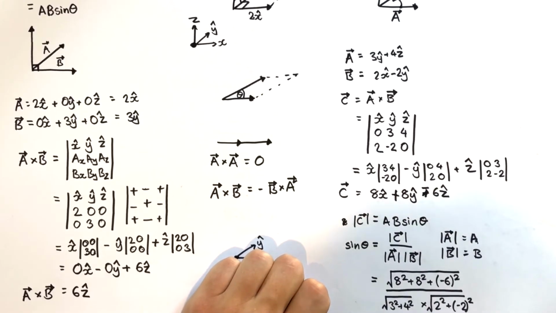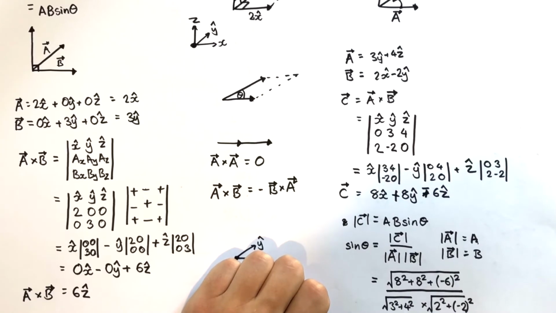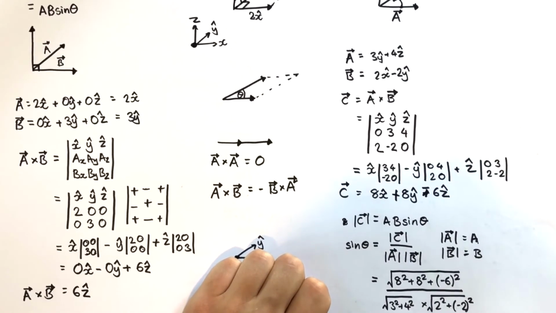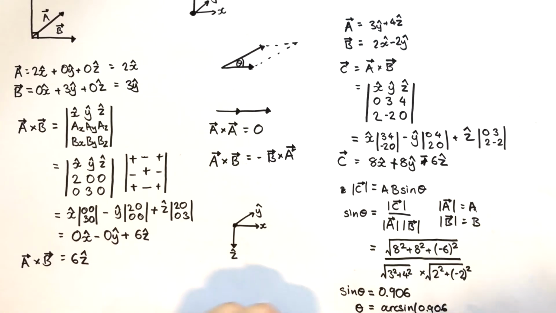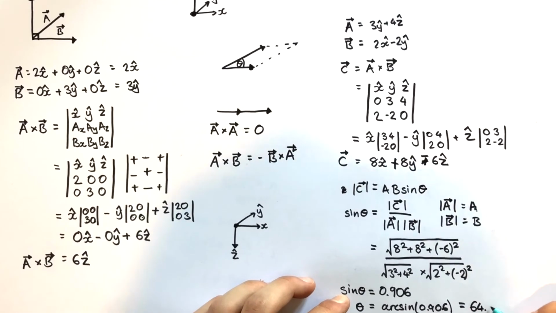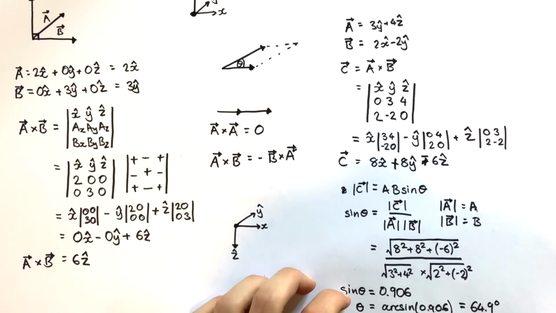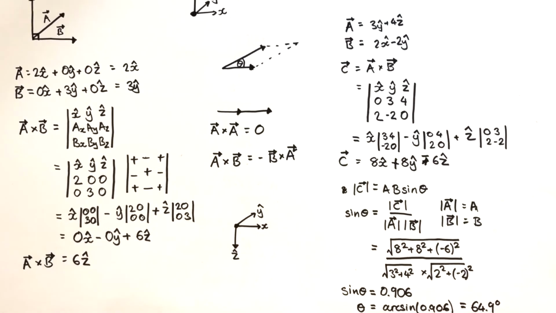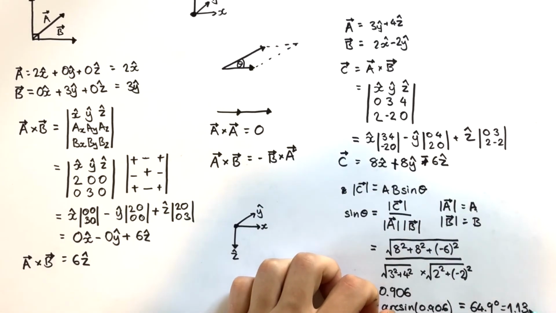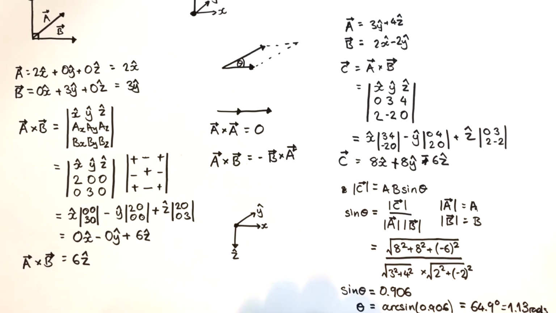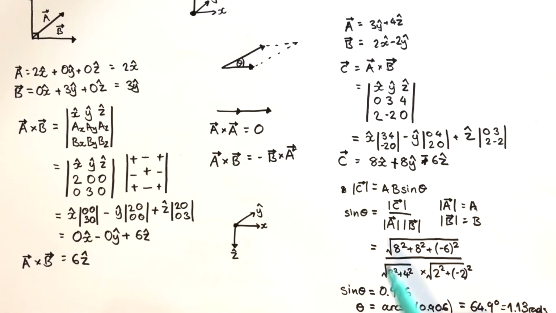So theta is arc sine of 0.906, and depending on whether you're in degrees or radians, that is around 64.9 degrees, or in radians, that is 1.13 radians.